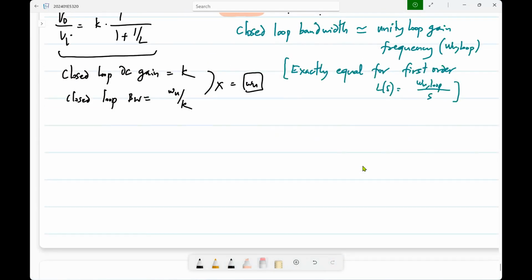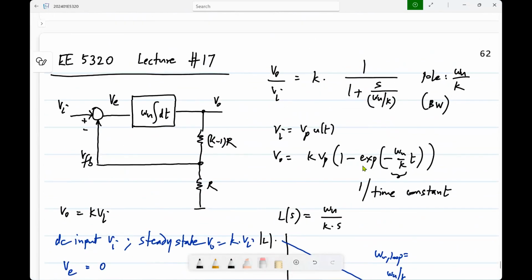Now, let me just show one more. Let's say I add a voltage Vx here at the output of that. Okay. What will be the transfer function from Vx to Vo?